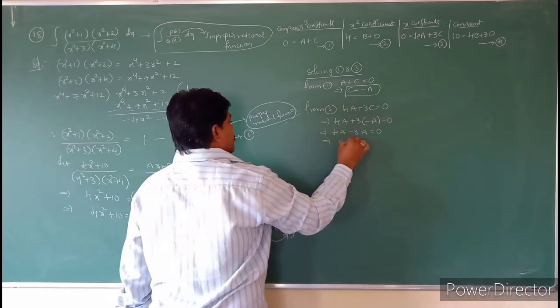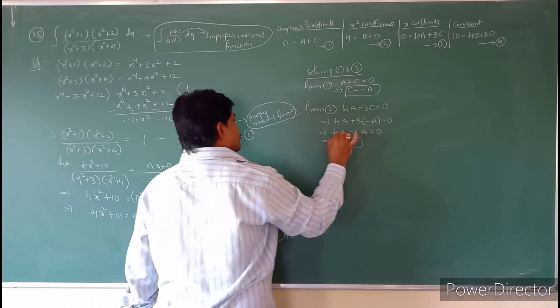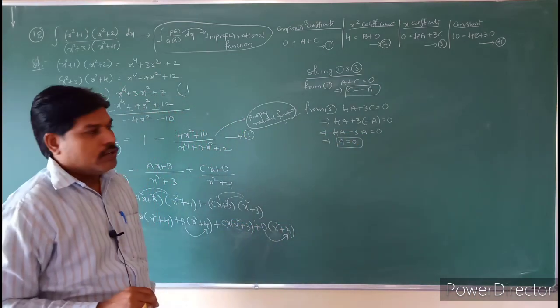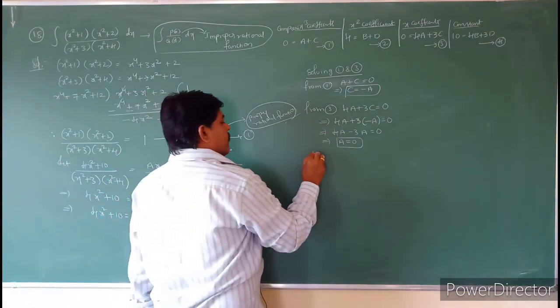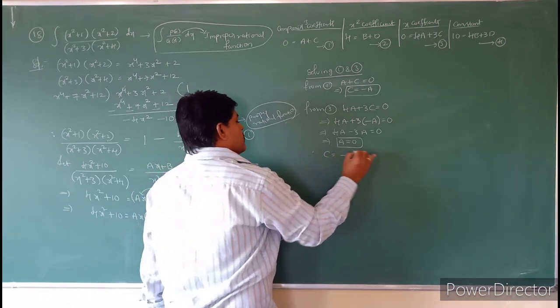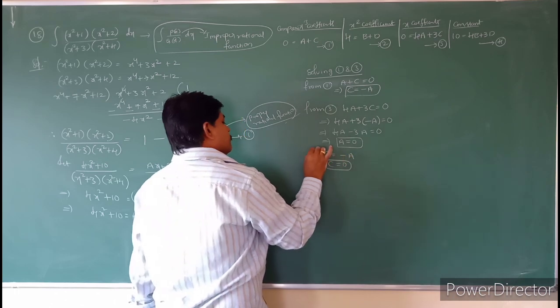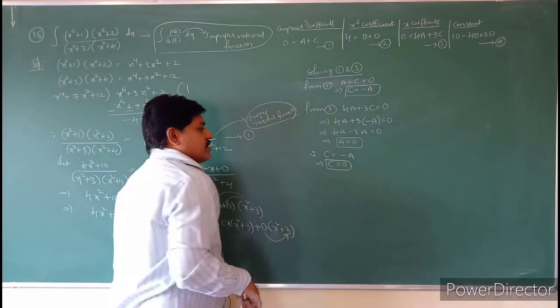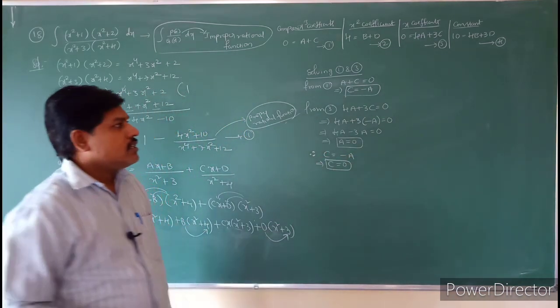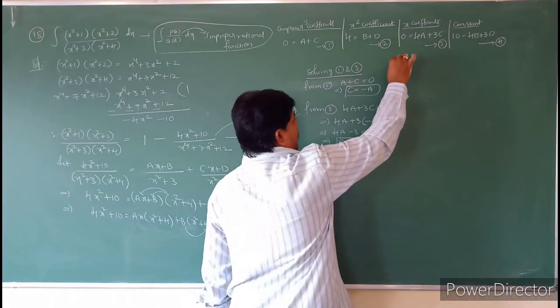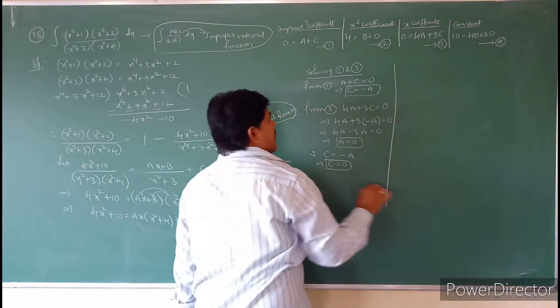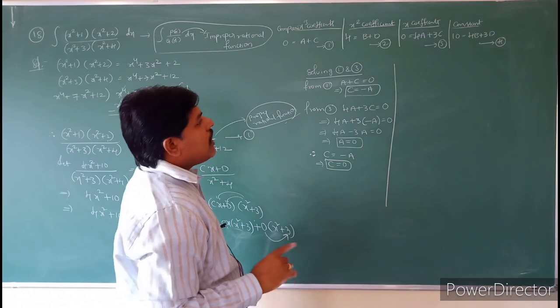That implies a is equal to 0. Therefore, c is equal to minus a, which implies c is also 0. Solving 1 and 3, you are getting a and c values. Next, solve 4 and 2.